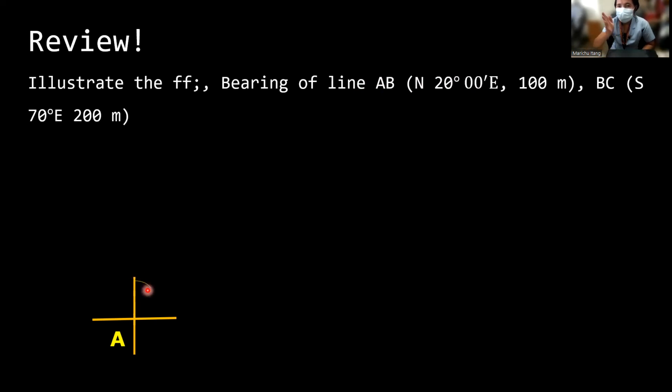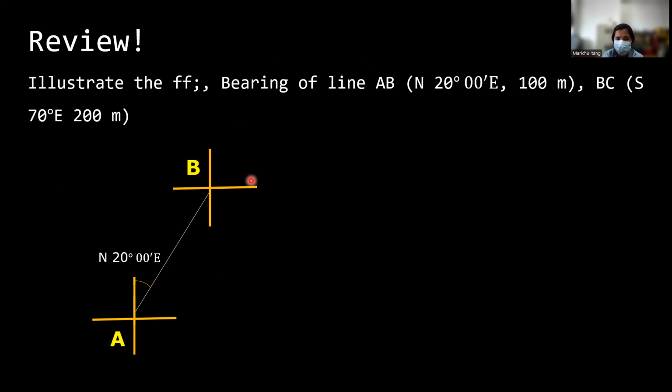And then we draw a line which measures 100 meters from A. So from here, we draw a line which is 100 meters. Let's say for example, that is equivalent to 100 meters. Then we can tell that this line, where the line stops, is 100 meters from point A. This is the location of our second point, which is point B. So this is our point B.